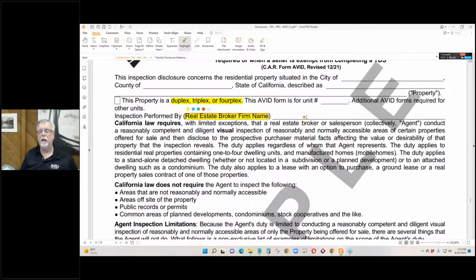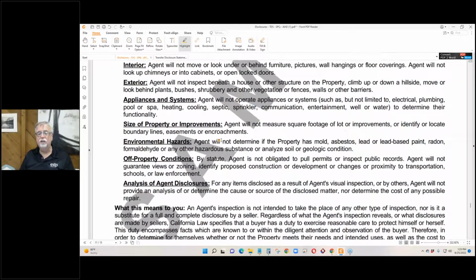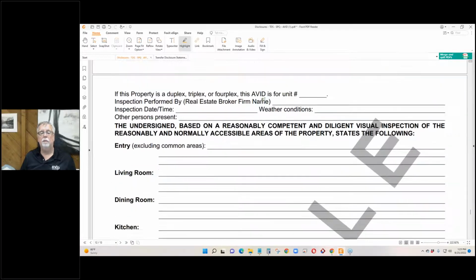So in this place I would be typing eXp Realty. And then this is just stuff which basically says all the things we don't do. And then we get here, again, if it's a duplex, triplex, we put in the unit number, inspection performed, real estate broker firm name. Again, it's the same one, eXp Realty.